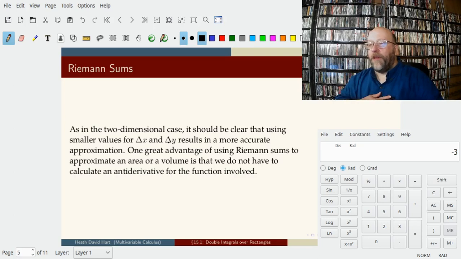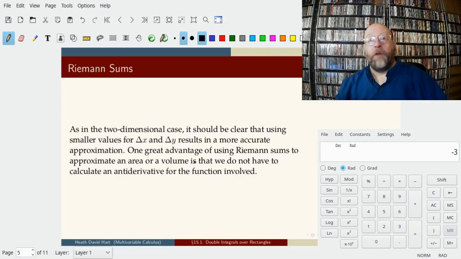That increases the number of calculations, but this is something that we could automate using a spreadsheet or a short little program to loop through all the different cases. And so we can get a very accurate numerical result using a large number of rectangles and a small delta x and delta y. And we can get a good numerical approximation without ever having to take an antiderivative.